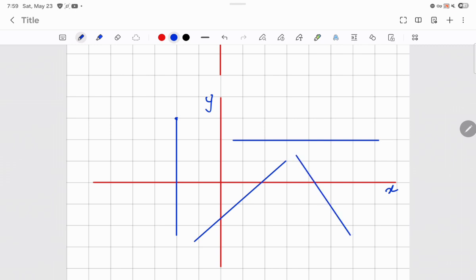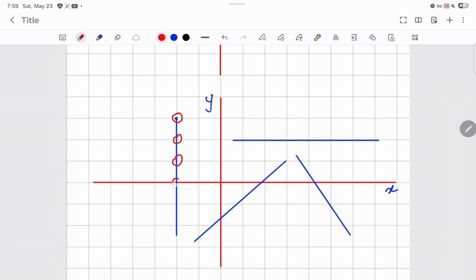So if you have a vertical line, you can see that on this vertical line, all of them maintain the same x value. That means any points have the same x value. Like this point, the x value is -2. Here is also -2, here is also -2.